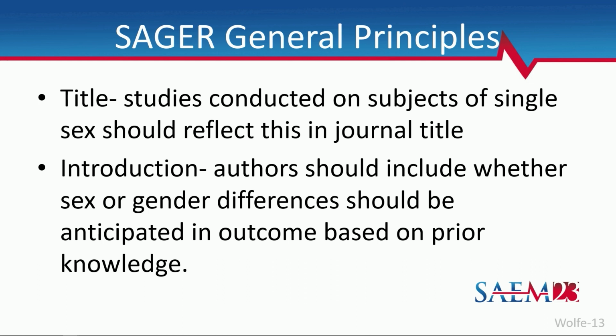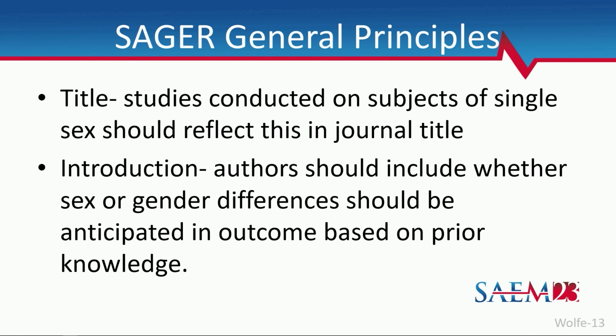So when we look at a title, we should be able to see if that research included both sex or just one sex. There's been many, many papers published in the last 3 decades where it looks like you are looking at both biological males and females, but when you get into the paper, females were never included.